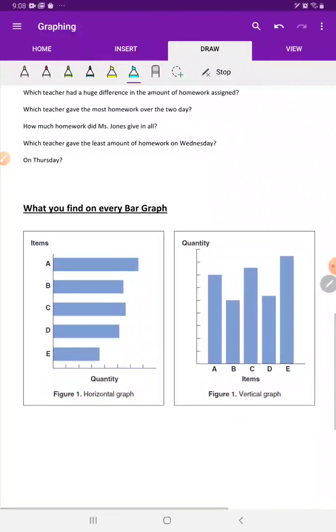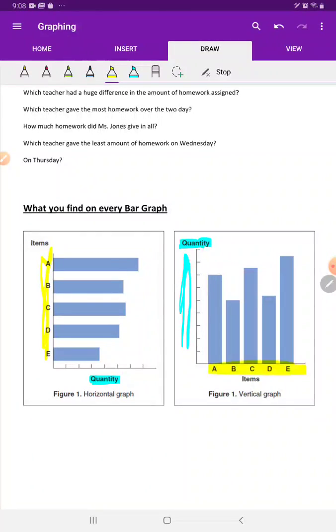And then we go down here and you can see the same thing. Quantity means number. So on this one, my quantity is at the bottom. On this one, my quantity is on the side here. Okay, there's always 2 sections. And it doesn't matter whether you make the bar graph this way or this way, you have a number section and a data section, okay?